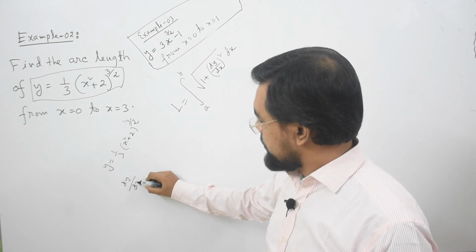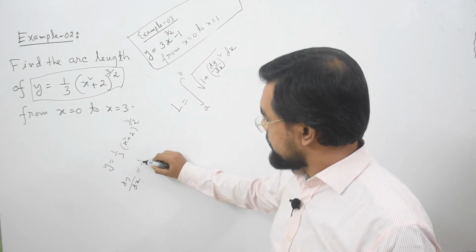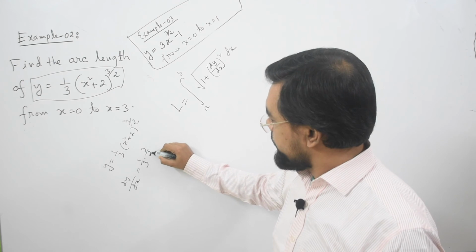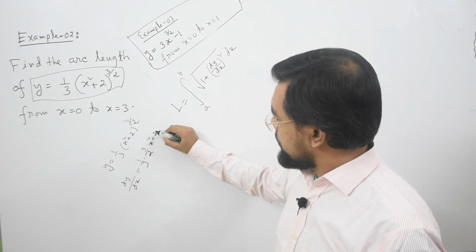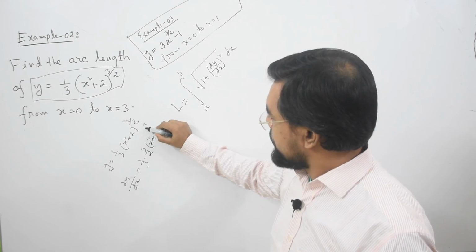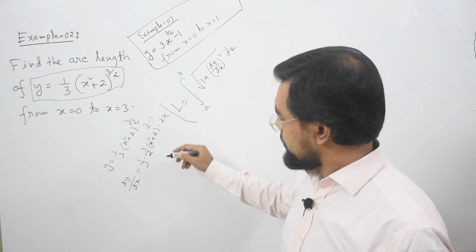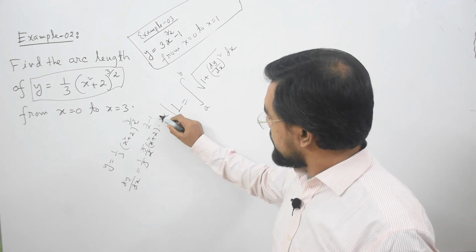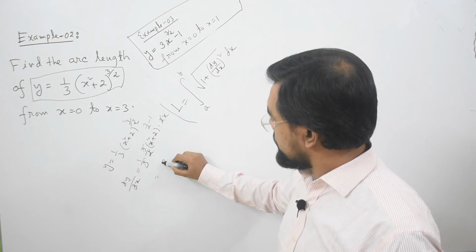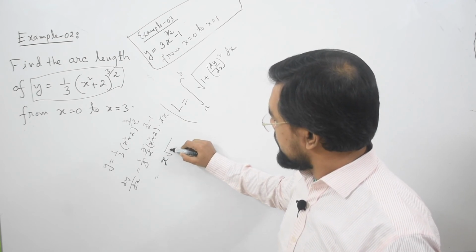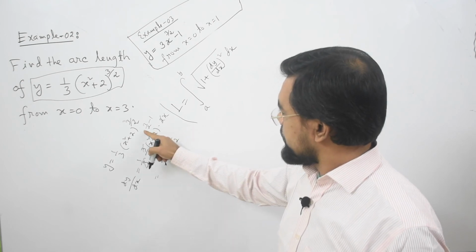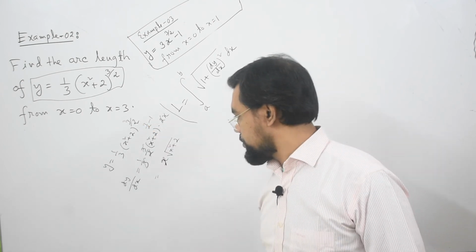So the derivative of y with respect to x is equal to 1/3 times 3 by 2 times x square plus 2 to the power 3 by 2 minus 1 into 2x. This is the chain rule. So you can cancel this. So we have x root x square plus 2, because 3 by 2 minus 1 equal to 1/2.